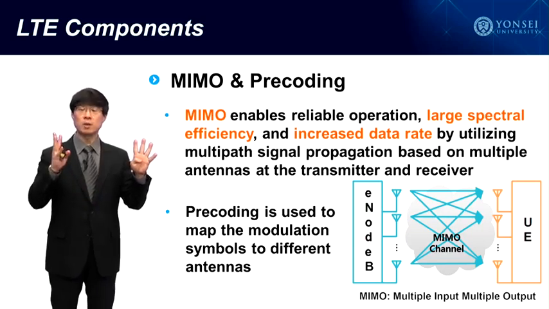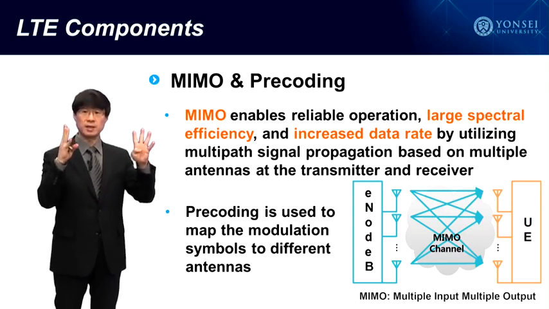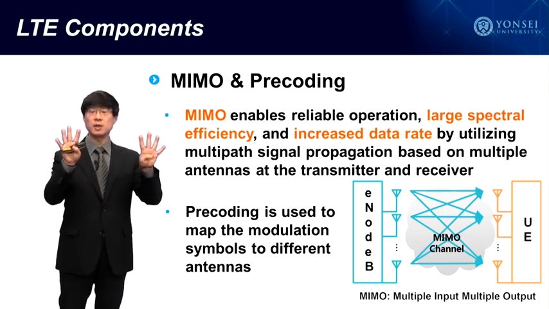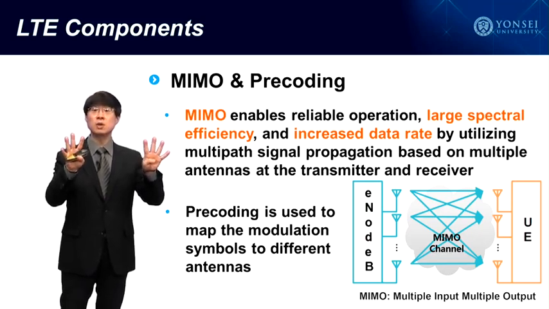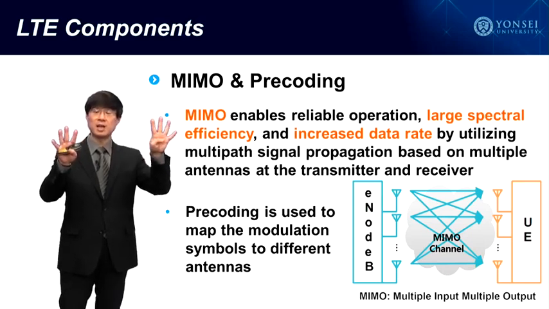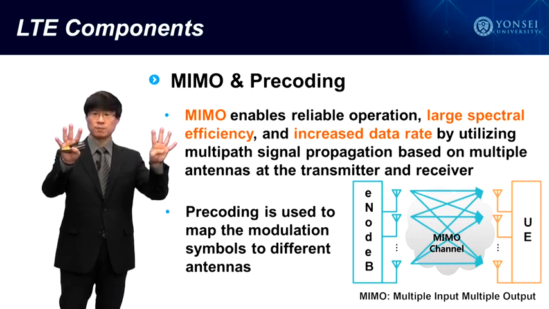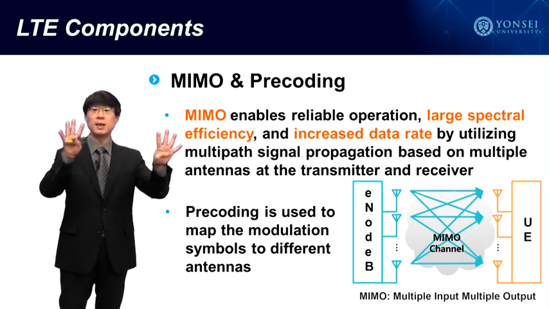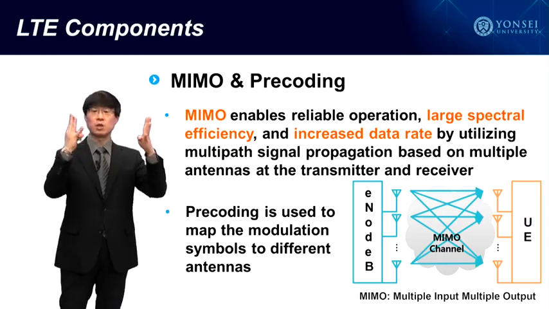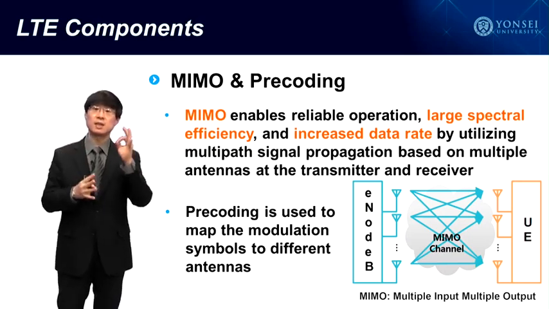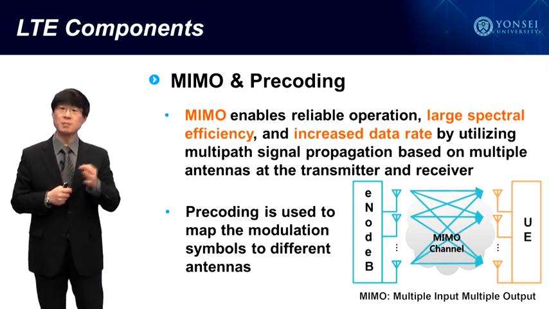Our user equipment, our smart device, has multiple antennas also, and these multiple antennas are used to increase the data rate sent between the base station and the mobile device. So between the eNode B and the UE, we are going to use multiple antennas. Now the key concept of MIMO is something like this.